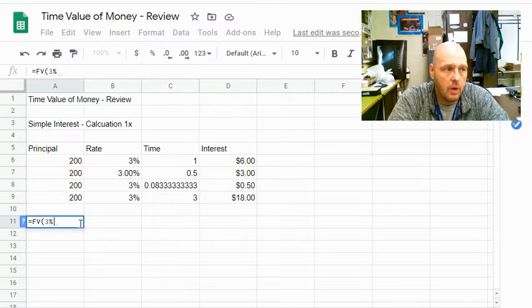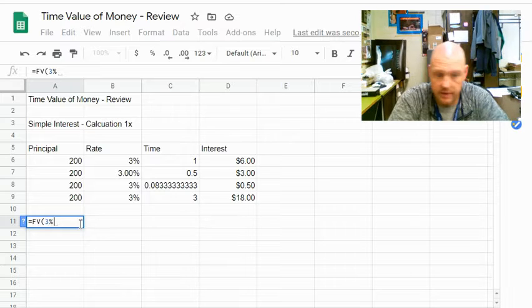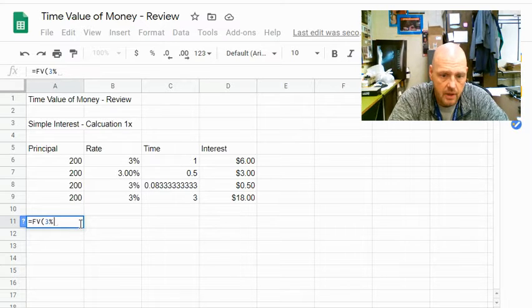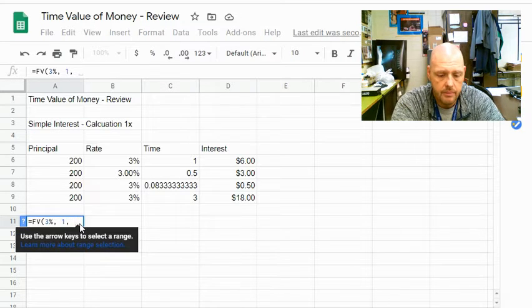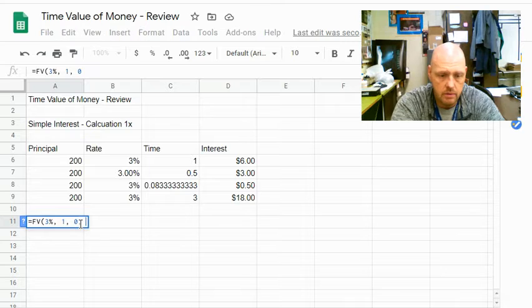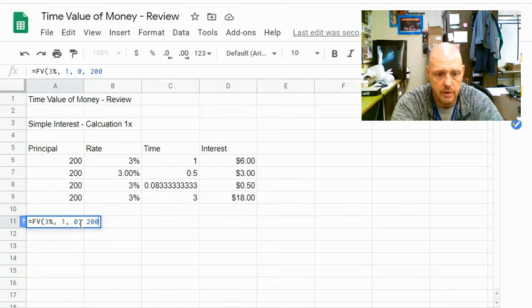And we're also going to figure out how long you're leaving it in there in this chunk of the function. If I'm leaving it in for 1 full year, I just leave it as 3%. N per. How many times am I doing this? Well, I'm doing the calculation one time. Third number is going to be 0. Present value is going to be the $200 deposited, and type is going to be 0.